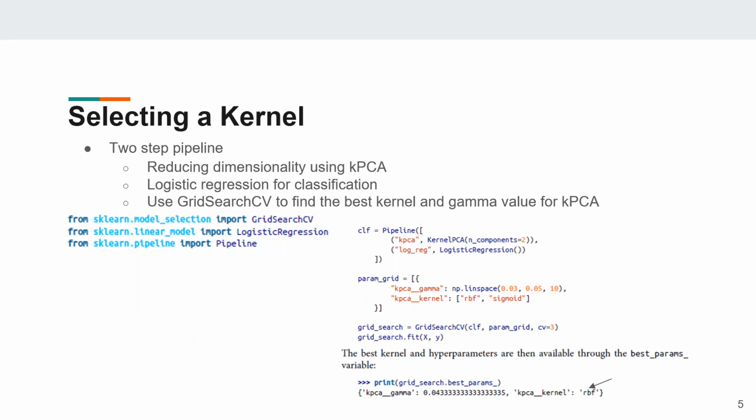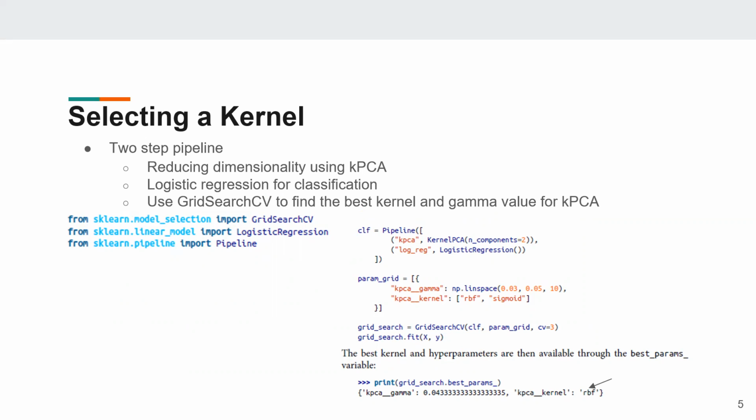Now, in order to select a kernel, you should use a two-step pipeline. First of all, you reduce dimensionality using kPCA, and then you run a logistic regression for classification. And you use grid search to find the best kernel and gamma values for kPCA.